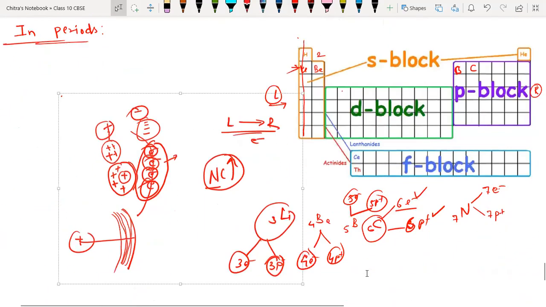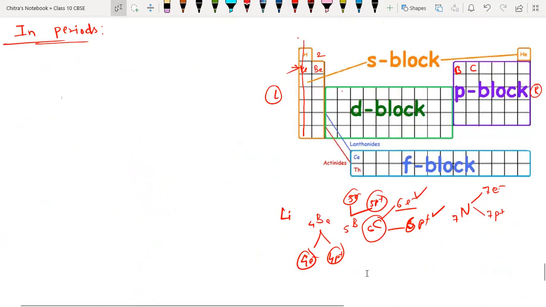Okay, so I'm erasing that and writing the periodic trend for atomic radius in period now. I'm just writing the theoretical part.